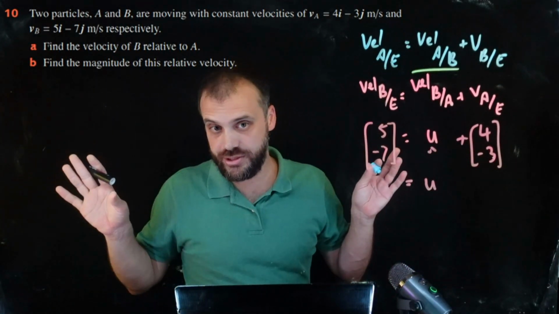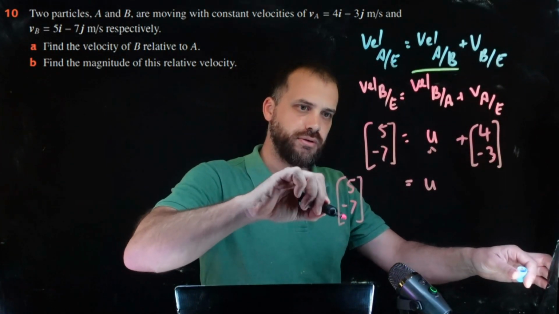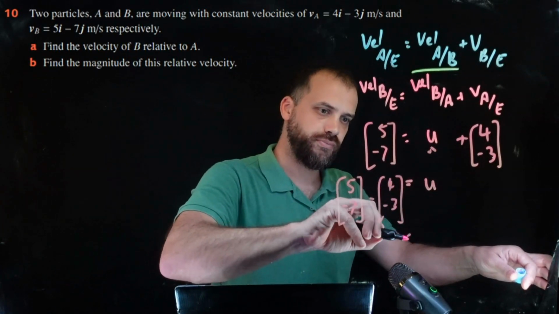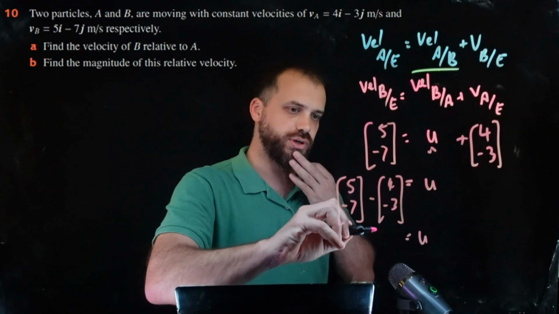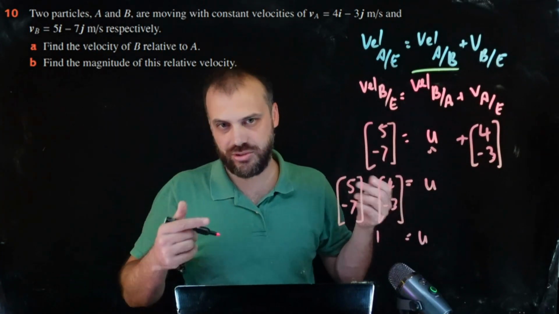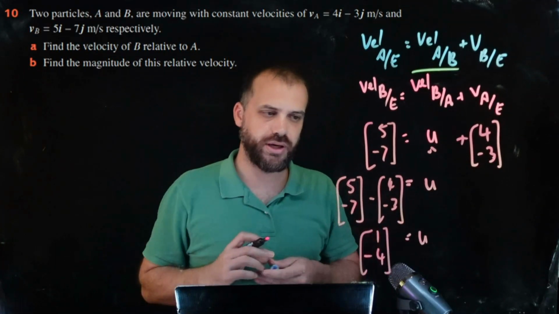Okay. So again, this feels easier. I could draw all this, but let's go pure algebraic, right? Minus this vector right here. All right, so 5 minus 4 is 1. Negative 7 minus 3, negative 7 plus 3, negative 4, I hope. Okay.